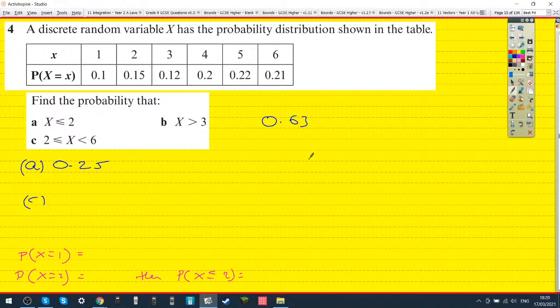So we're only picking 3, 4, and 5, and 2, because it's equal. So it's including 2 but not including 6, and so we have to add up those.